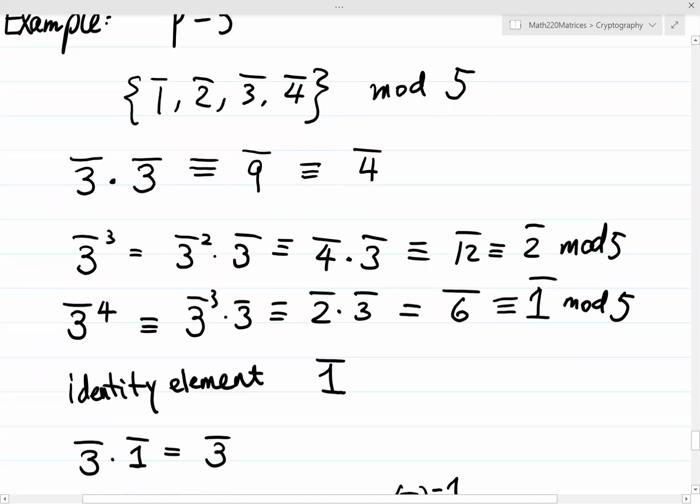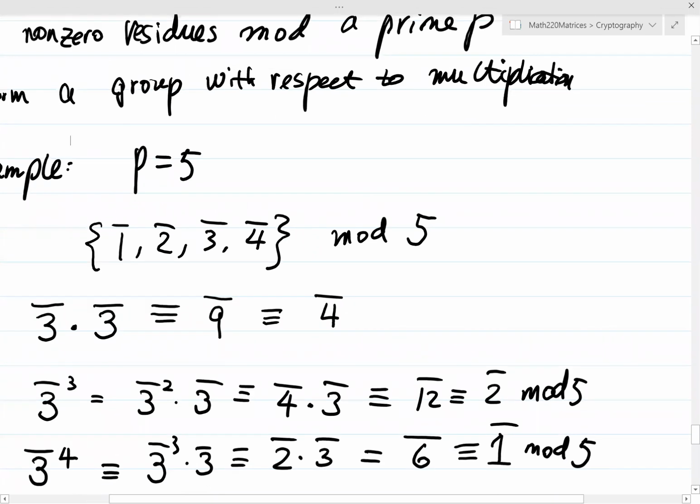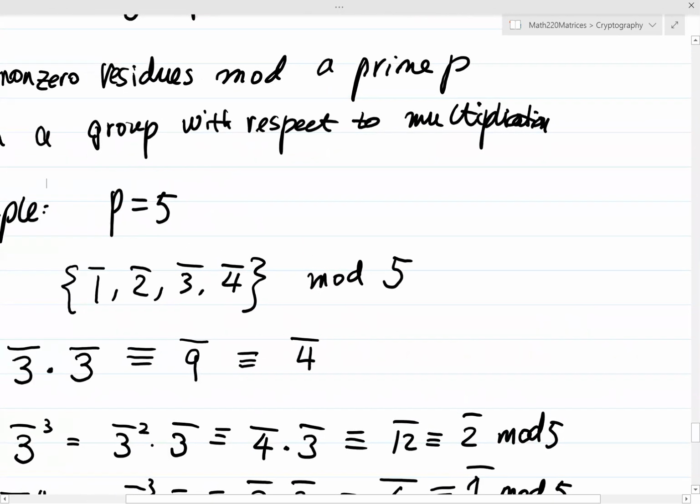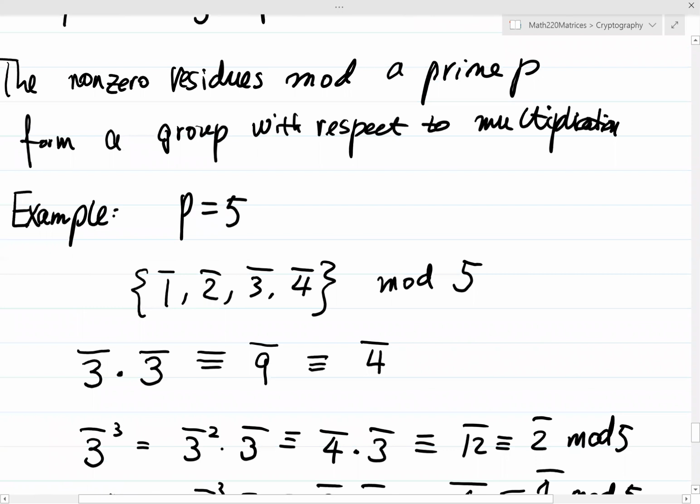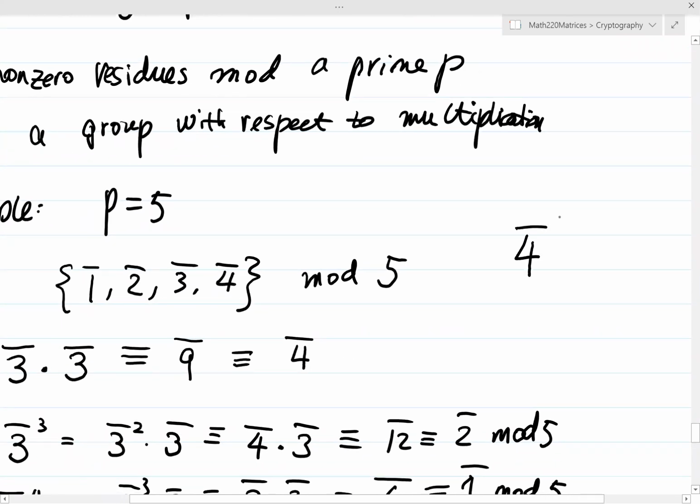Now let's check the order of elements, with p equal to 5. What is the order of 4? You do the power. 4 to the power 1 is 4, not the identity.